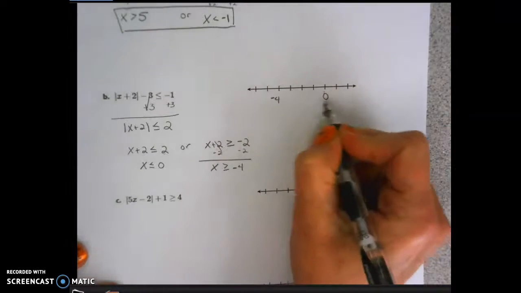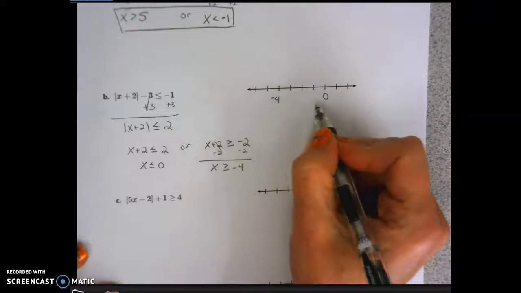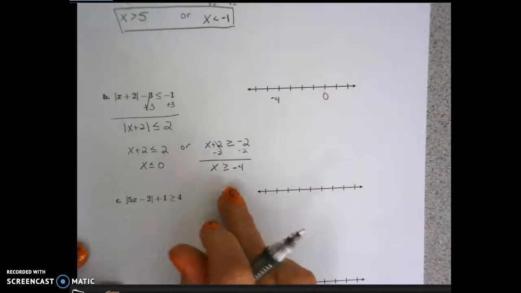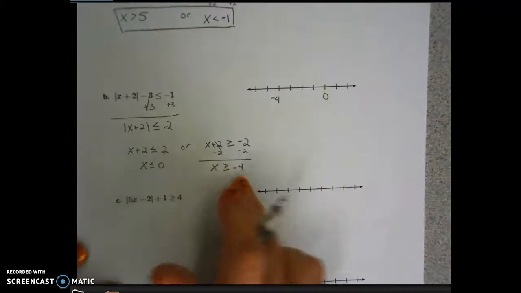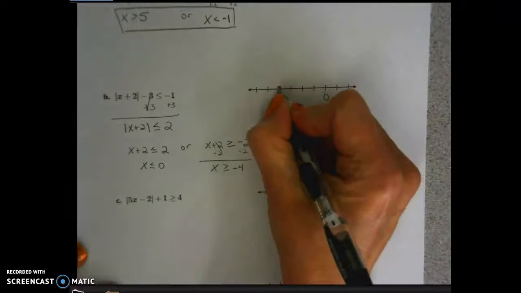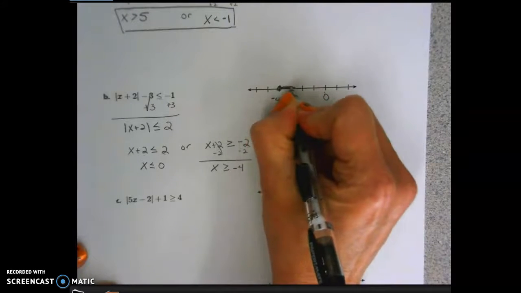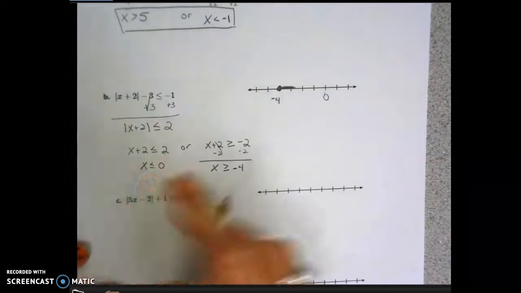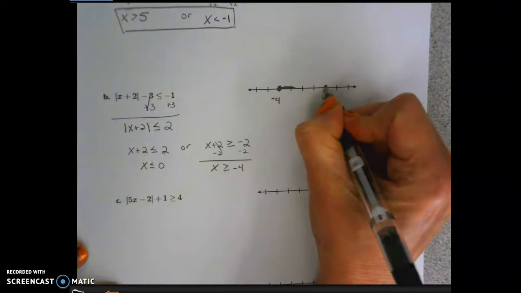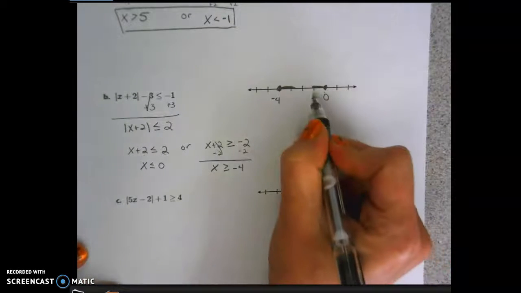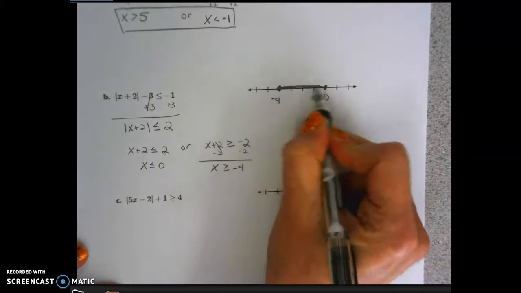Usually I just mark the numbers that I'm concerned with in the problem. I know x's can be greater than or equal to -4, and I can already start to shade. If I start shading this way, but also pick up less than or equal to 0 this way, the shading is going to meet up in the middle.